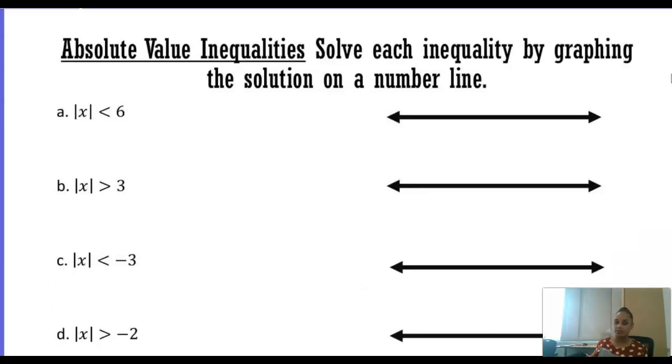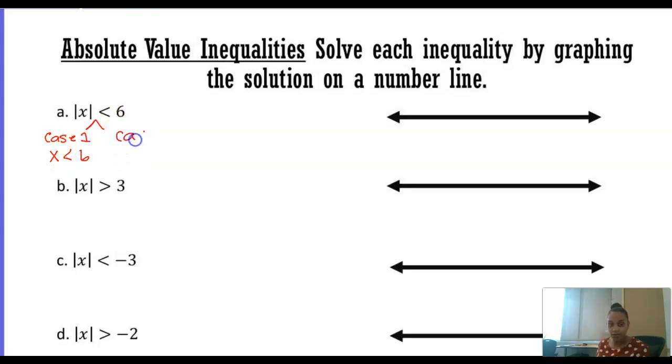So we're going to first remind ourselves what absolute value means and how to graph it on a number line. Remember, absolute value needs to be isolated, and then we take our two cases. Case 1 was our positive case. I would get rid of the absolute value brackets and then have less than 6. I would just keep my same sign.